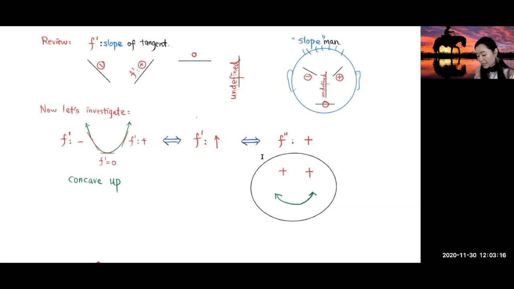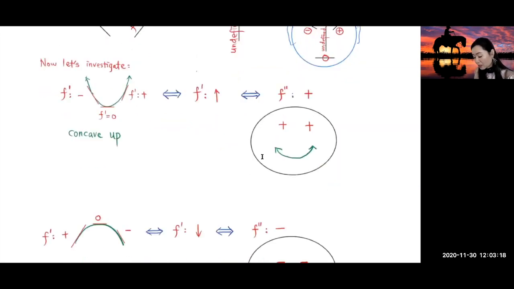One way to remember is I made this diagram over here for you. When the second derivative is positive, I put positive twice, but that's for the second derivative, and the curve will be concave up. So for concave up, I'll draw a smiley face, a mouth right here, open up, concave up like this.